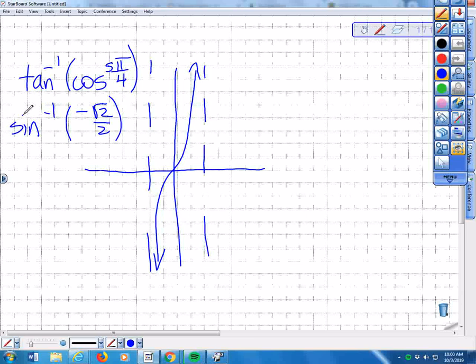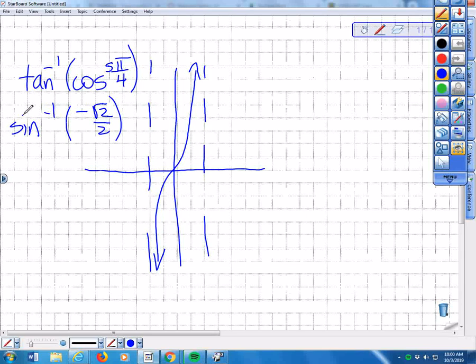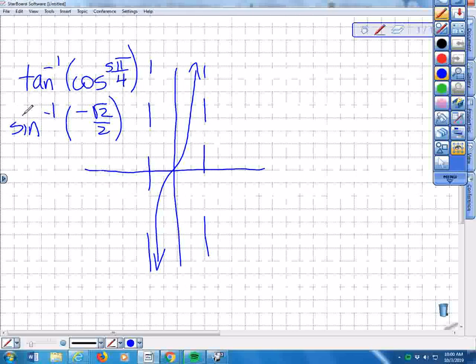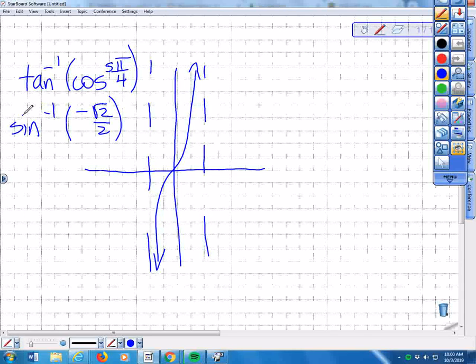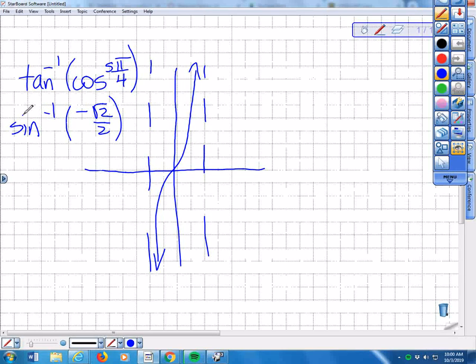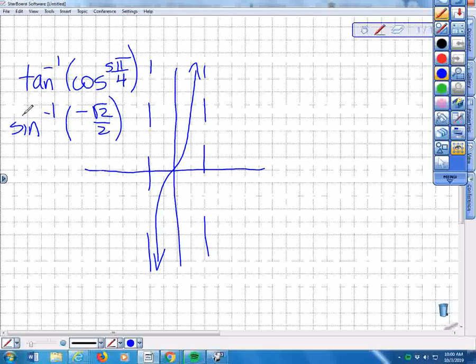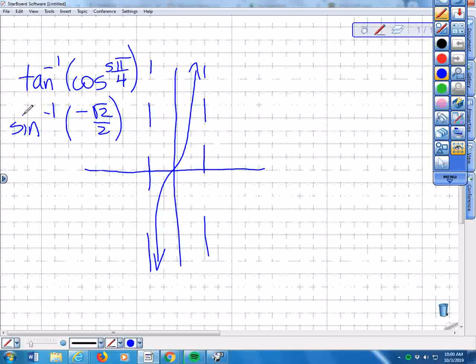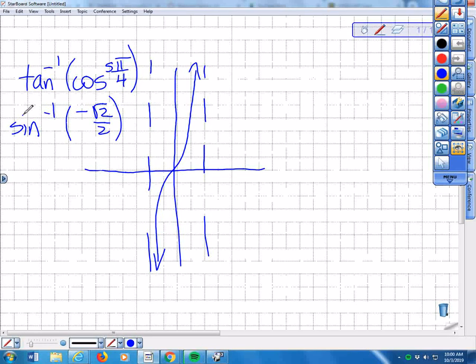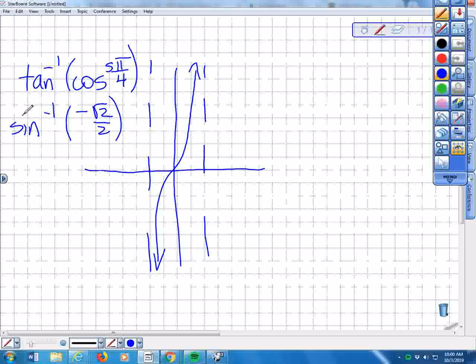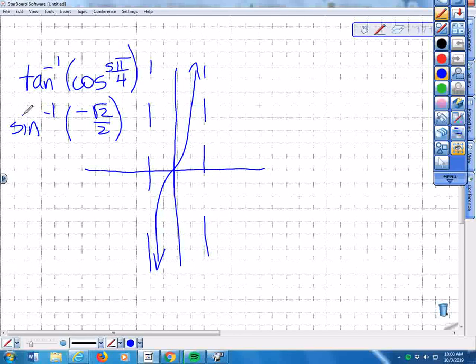Well, ask yourself first, what quadrant does it have to be in? First or fourth? Fourth quadrant. So now what is the answer?